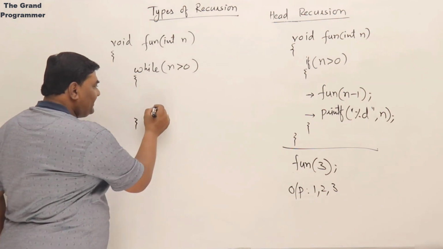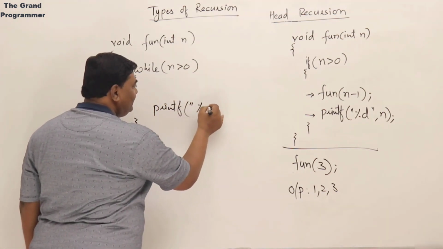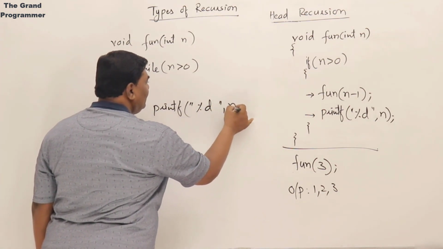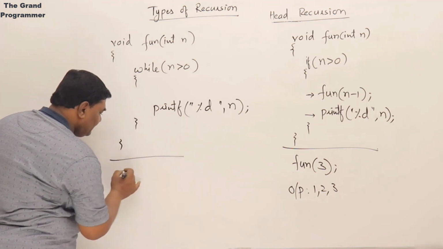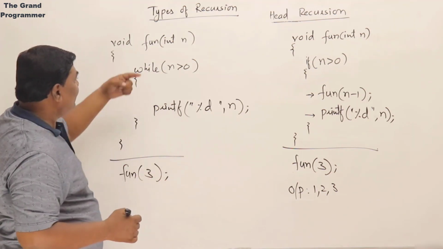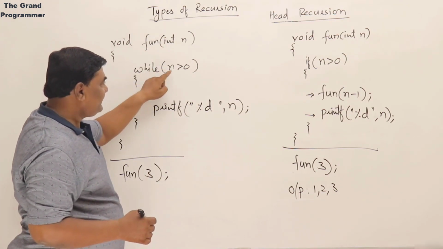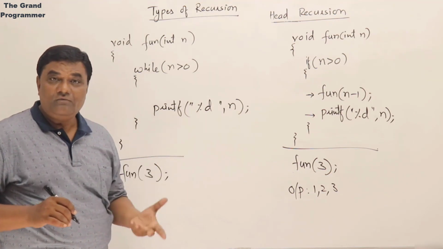So if I use printf here, printf %d n, and I am passing function fun with value 3, then first the value of n will be 3. So 3 is greater than 0, yes. So it will print what? 3. It will not print 1.